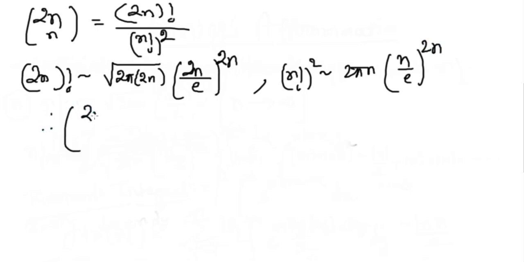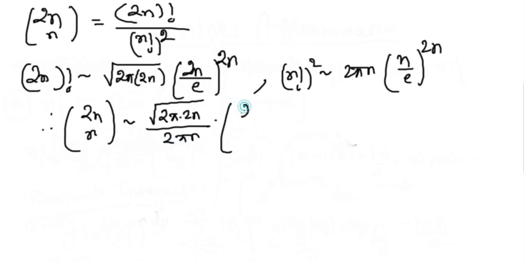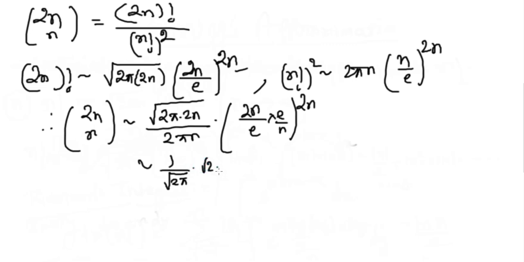So the difference, that is their quotient basically, will be equal to root over 2 pi into 2n divided by 2 pi n into, and because both of them share the same power, we have 2n by e into e by n to the power 2n, 1 by root over 2 pi into root 2 by root n, and n gets cancelled, e gets cancelled, it's 4 to the power n.